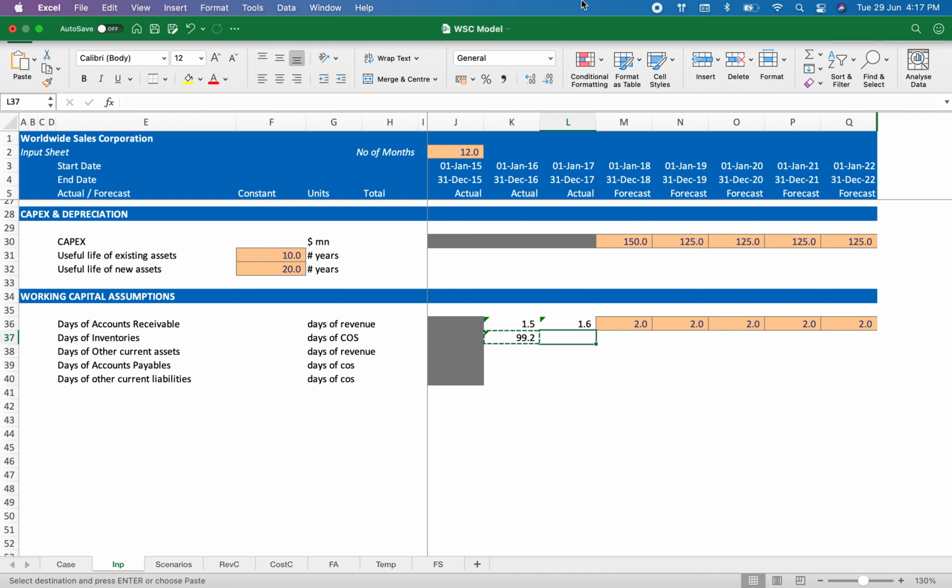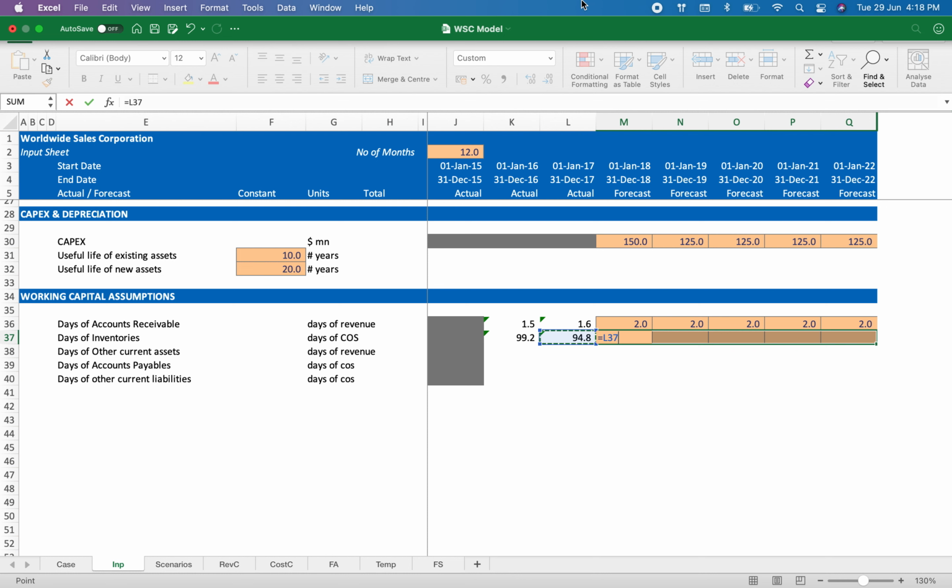Similarly, I do it for 17, 94 days. So let's say I say, okay, let me keep this as the most recent historical year. So let me keep it constant for the most recent historical years. So I've shown you both the methods, one in which you take the assumption, otherwise you can link from the most recent historical years as well.